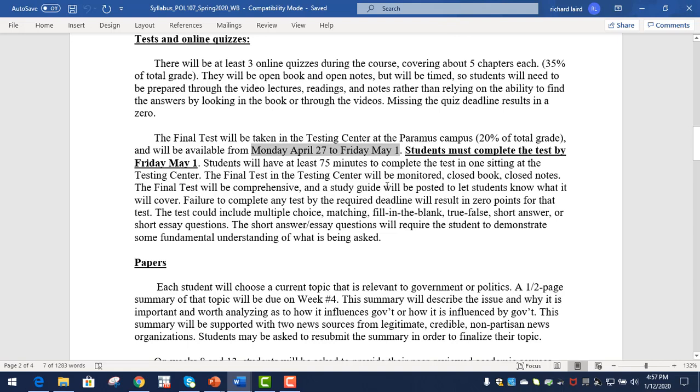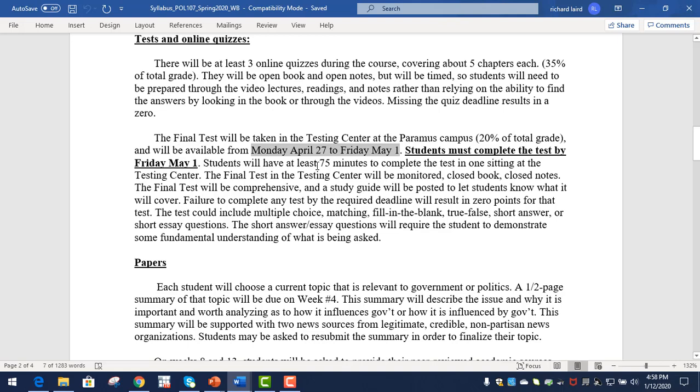And you will have to take that test by the end of the day, Friday, May 1st. If you don't, you will get a 0 for the test. So go ahead and put that on your calendar to come in and take the final test in the testing center. So that rounds out my testing to try to make it as fair and consistent as possible.